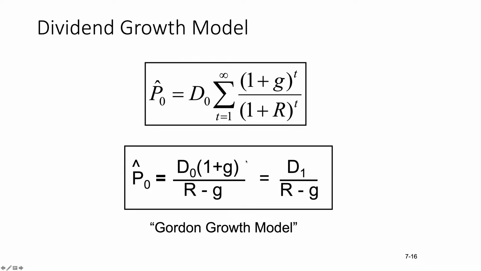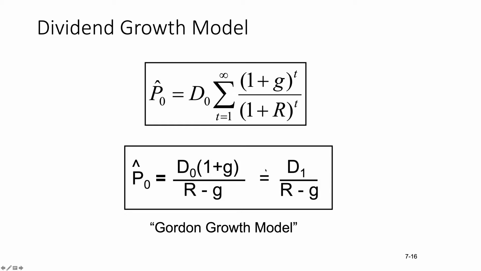If you are told the last dividend is $2, you use this formula. If you say the next is $2, then use D1. It's another D0. So make sure you distinguish the last and the next.